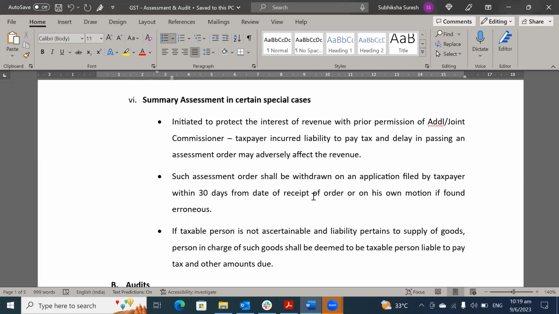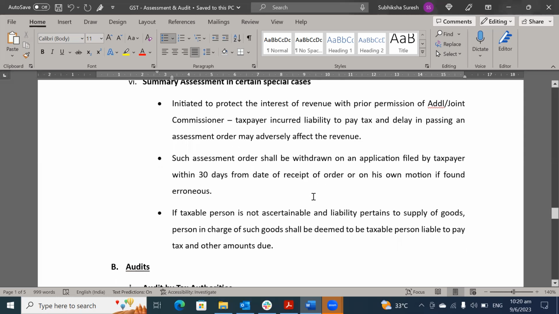Such assessment order shall be withdrawn if the taxpayer has filed an application to the proper officer for withdrawal of the order, or if the assessment order is found erroneous by the proper officer himself.